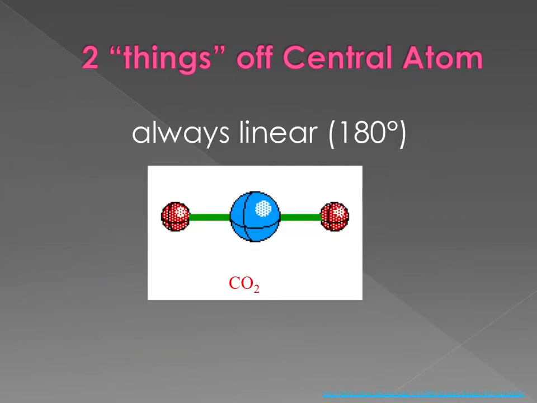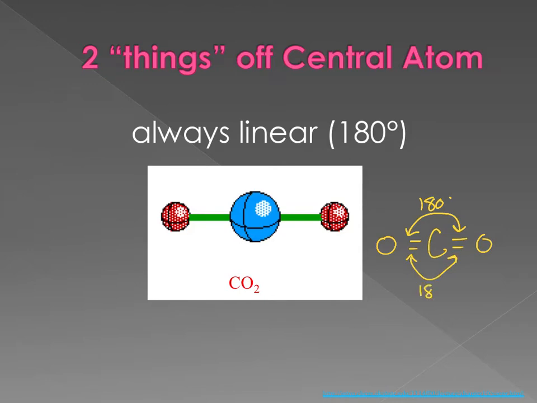If there are 2 things that come off the central atom, it is automatically linear. Carbon dioxide is an example of this. We'd have carbon as your central atom, and then we would have our oxygens coming off, and between those there would be a 180-degree angle.